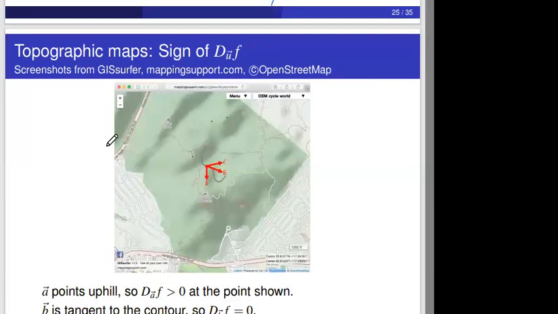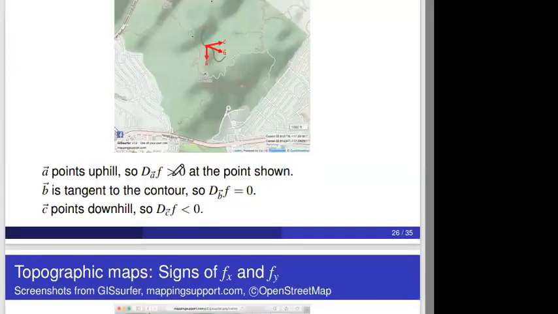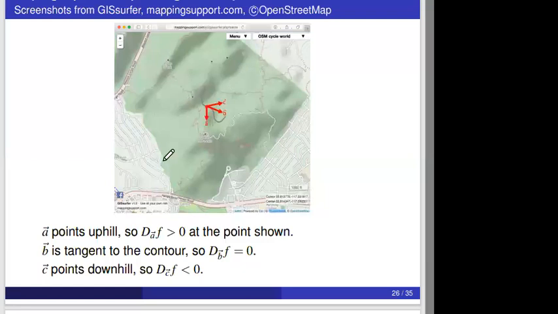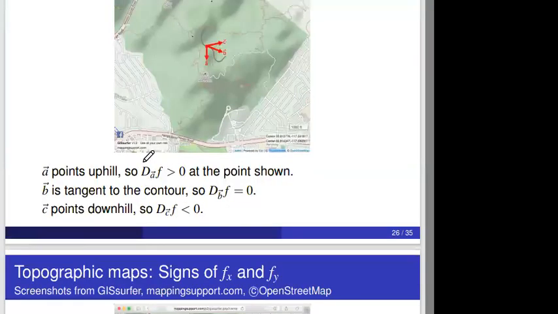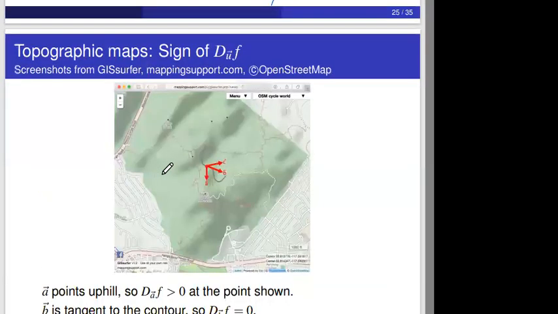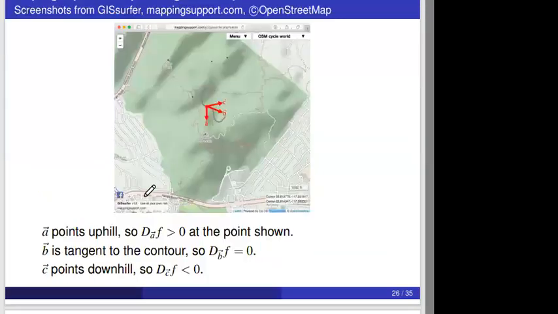As I said before, let's say a is a unit vector, and you are given the equation of this mountain. This is the directional derivative of f in the direction of u.